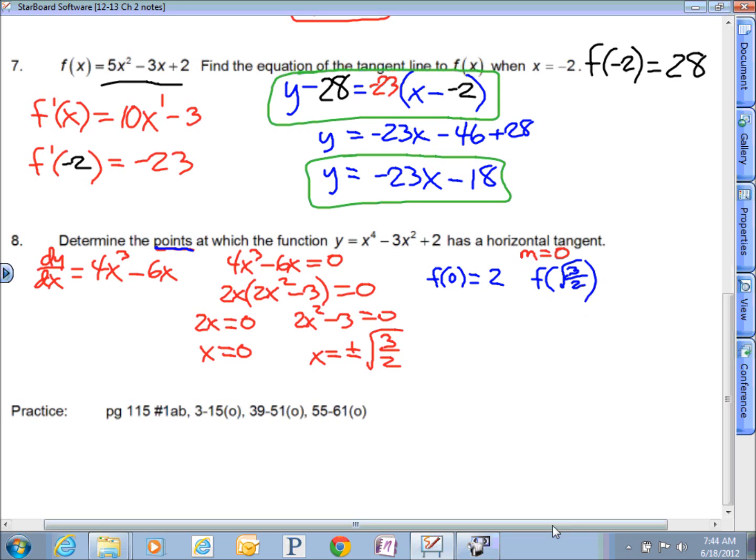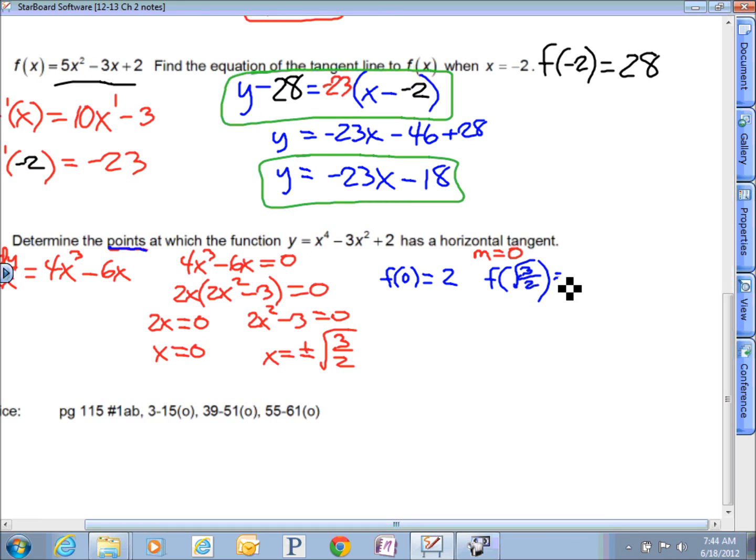Well, this is going to get a little sticky, I'm afraid, because that means we're going to take the root of 3/2 to the 4th minus 3 times the root of 3/2, and then we're going to add 2 to it. Well, Mr. Perkins, I can't do that without my calculator. Well, remember, half your AP exam is without your calculator, so we better find a way to get through it. Oh, and I forgot the square right here. That's going to be kind of a big deal.